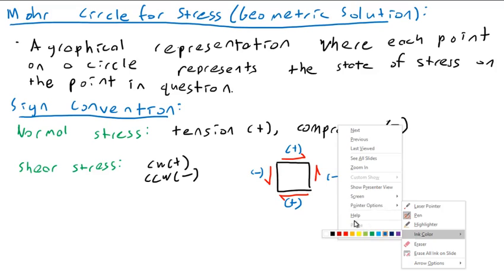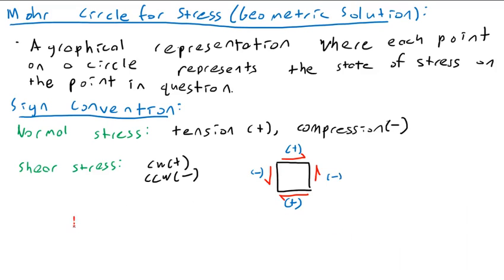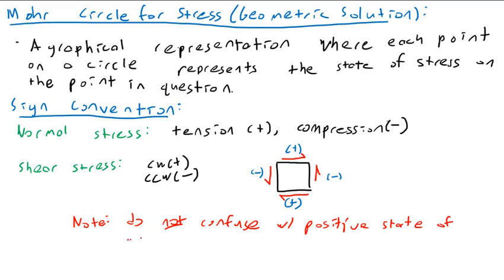Do not confuse this with positive state of shear stress. I'll put a big note in red: do not confuse with positive state of shear stress. The positive state of shear stress is when you have something like this.